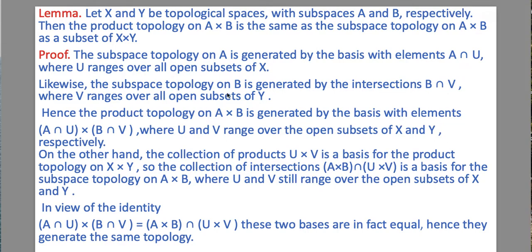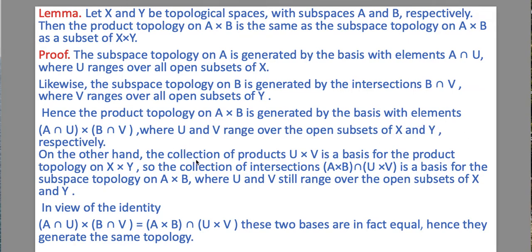Likewise, the subspace topology on B is generated by the intersections B intersection V, where V ranges over all the open subsets of Y. It means the product topology A cross B is generated by the basis with elements A intersection U cross B intersection V, where U and V range over open subsets of X and Y respectively.